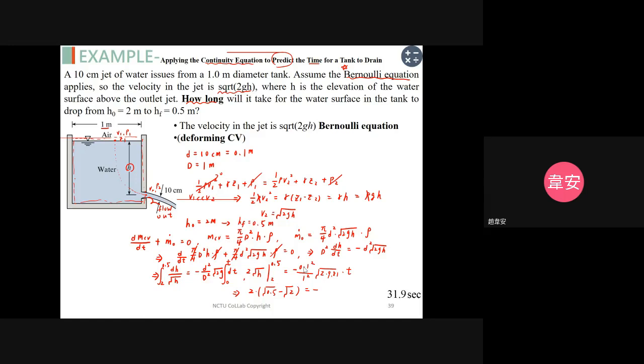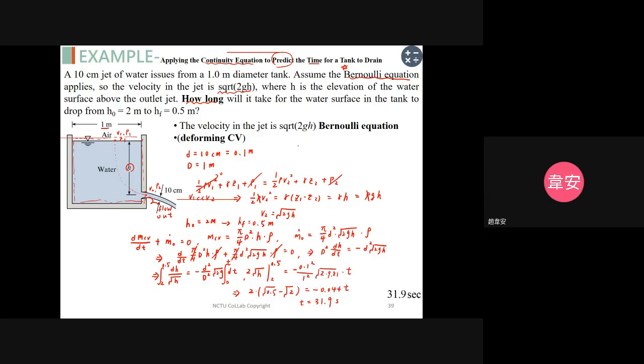So the right-hand side is equal to minus 0.044 t, and you balance the equation. Finally, you know t is equal to around 31.9 seconds.